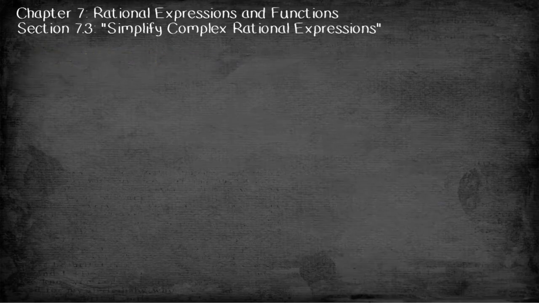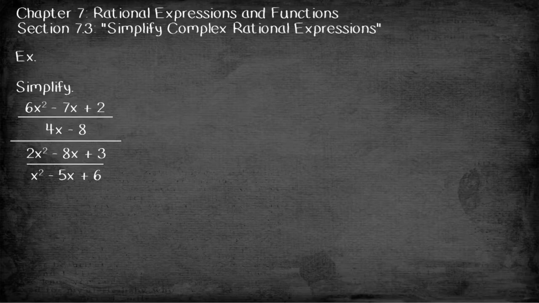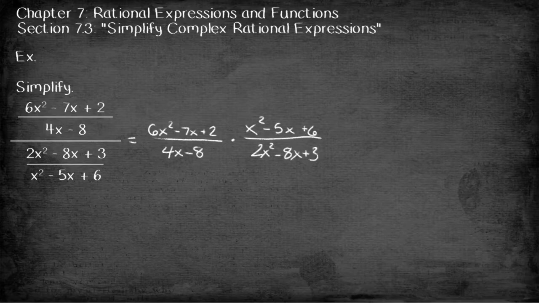That wasn't so bad. Let's have a gander at this creature here. Again, we want to rewrite in terms of multiplication. So since I'm dividing by 2x squared minus 8x plus 3 all over x squared minus 5x plus 6, I am going to flip that and change it to multiplication.